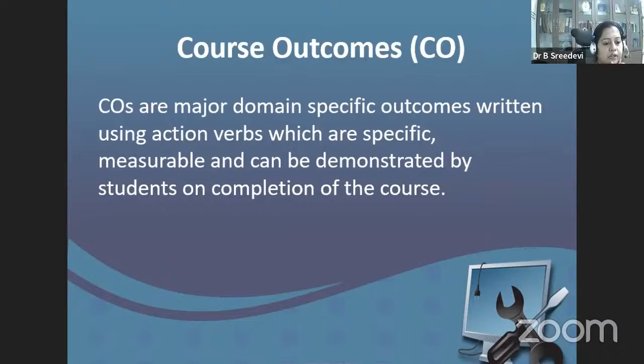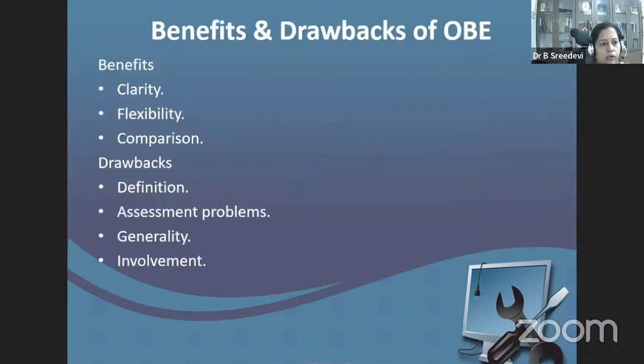Upon completion of this particular subject, the students are able to solve these POs in the particular field of engineering. You know what a PO is. Out of 12 POs, these are the POs which the students can excel in after completion of this particular course. So how do we write a course outcome?